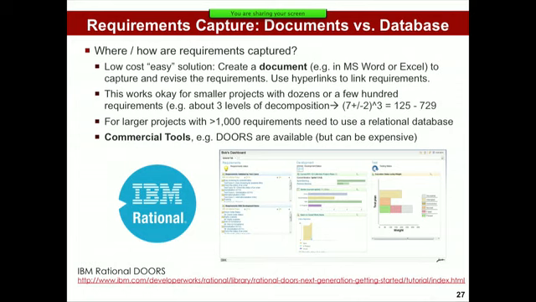You basically capture these requirements in a relational database that allows you to link each requirement to other requirements. And so this is not meant as an advertisement, but one of the most heavily used requirements tools out there is called DOORS. And this was relatively recently bought by IBM. This was a separate company.